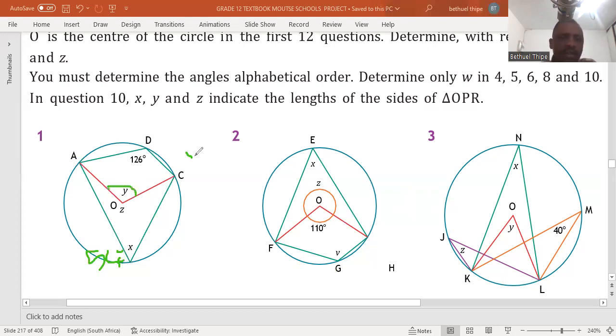So we can see that angle y is twice x. We said angle at the center is twice angle at the circumference.